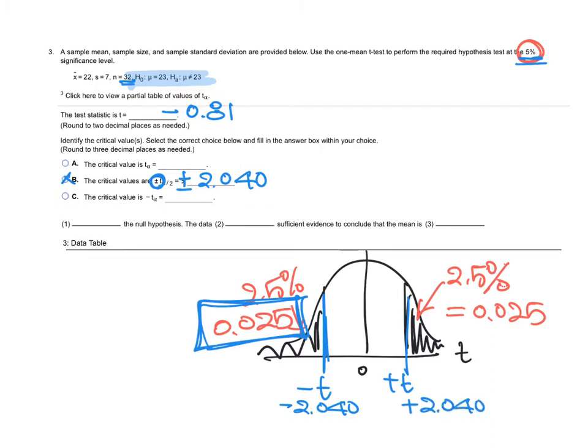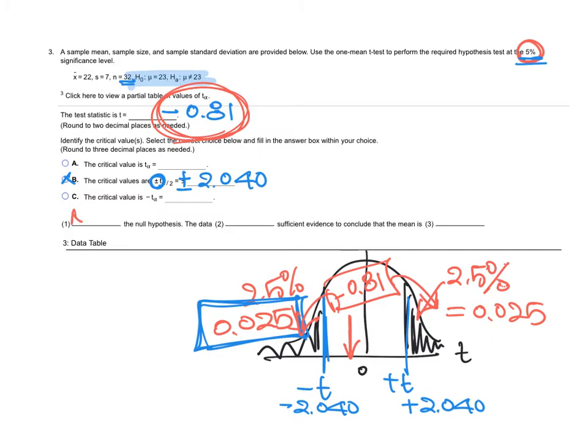And now the test statistic was here, negative 0.81. The test statistic is not in the left tail. It's not in the right tail either. So what will be the decision? Fail to reject the null hypothesis again.